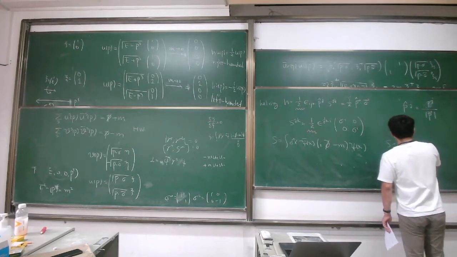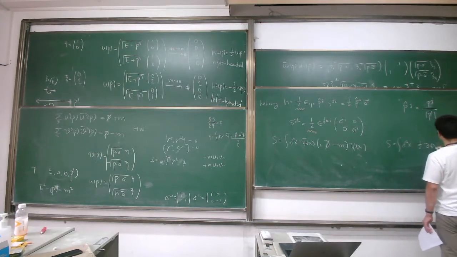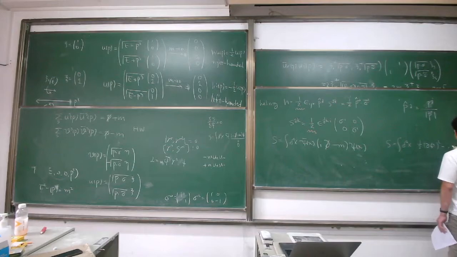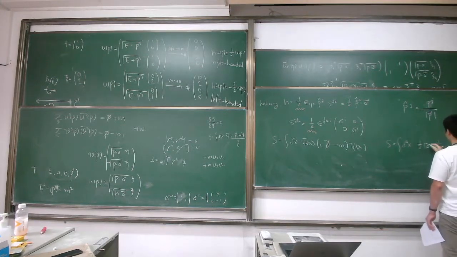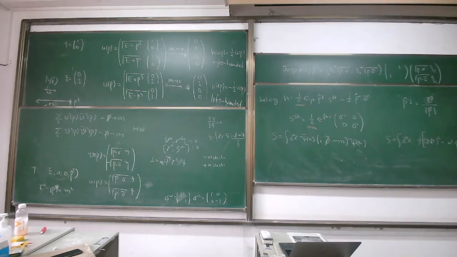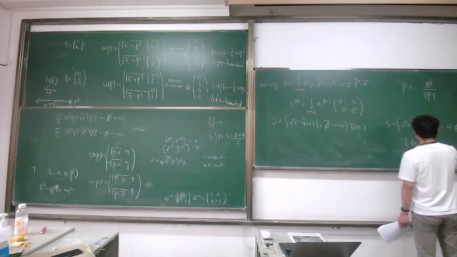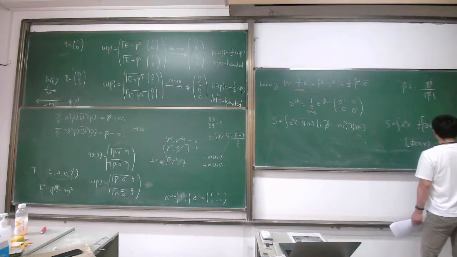In the Klein-Gordon case, we have the Lagrangian like this way, and we treat phi as an operator, and we impose the following commutation relation in the Heisenberg picture.